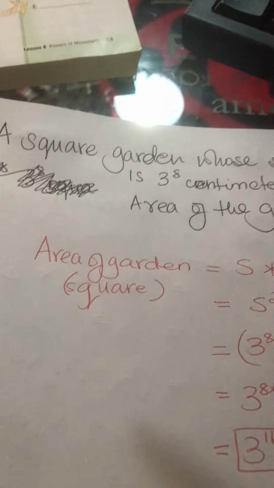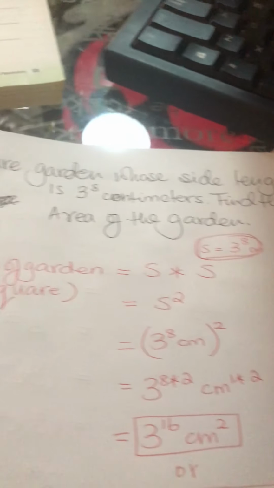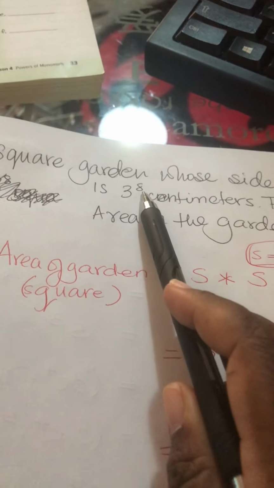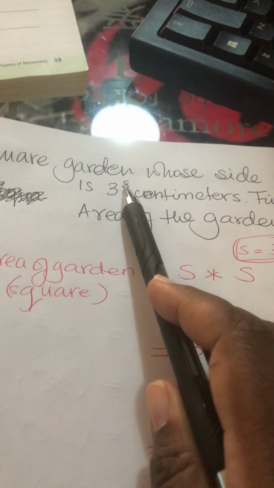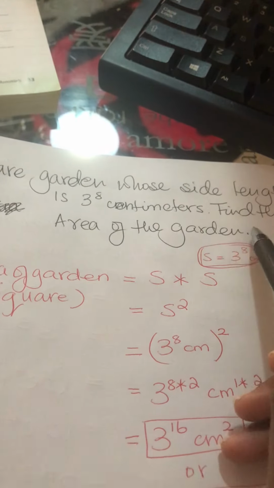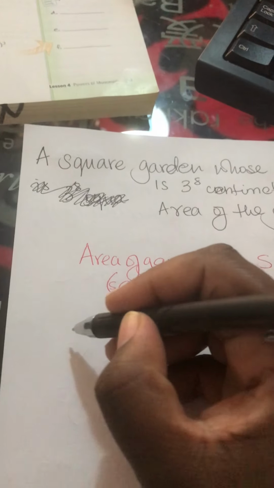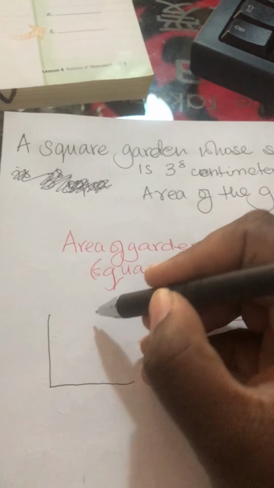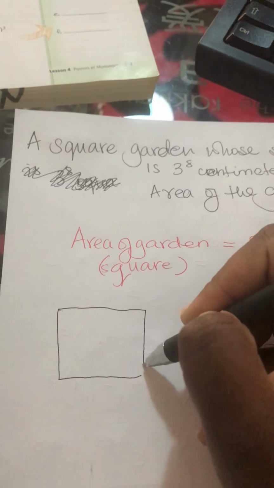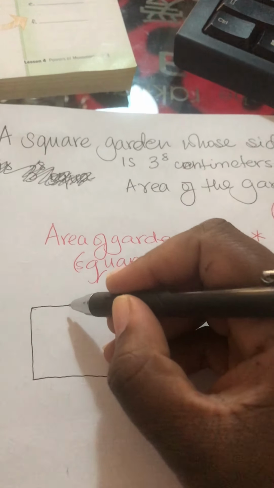Okay. Let's read this one. A square garden whose side length is 3 to the 8th power centimeters. Find the area of the garden. So you have a square garden. I always tell you to draw. Draw your square. You want to find area, you only need 2 sides.